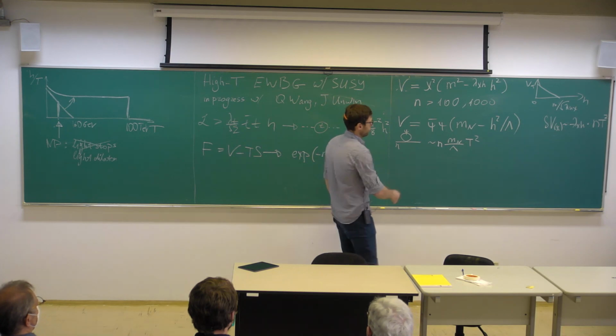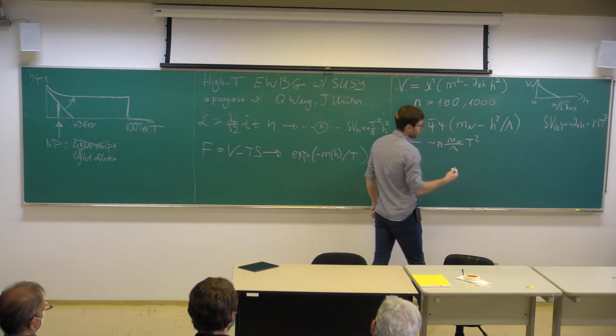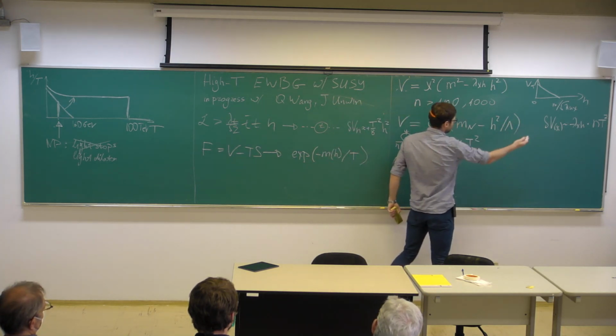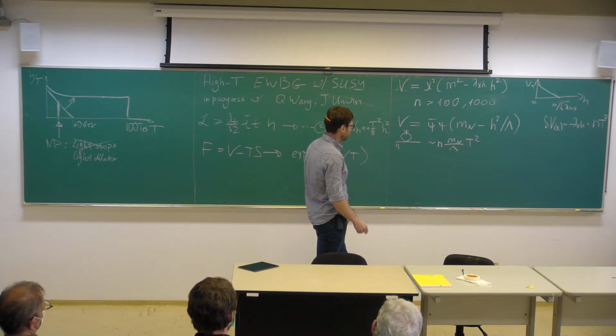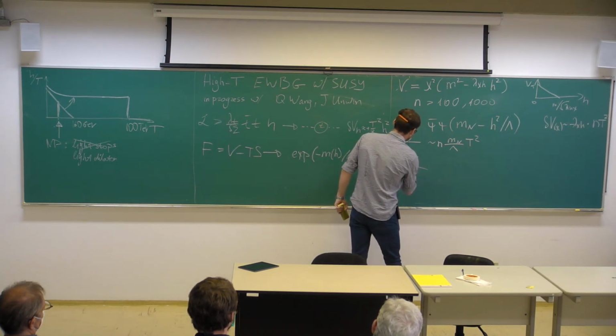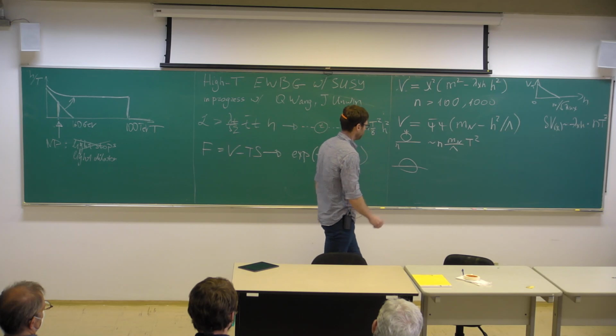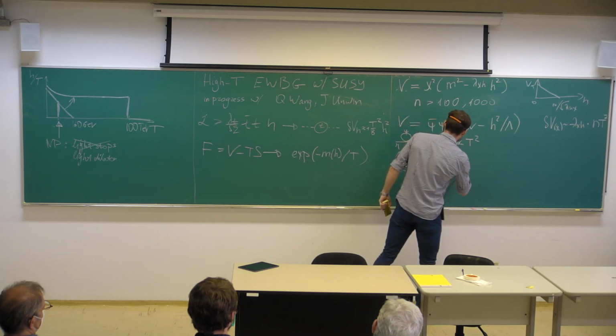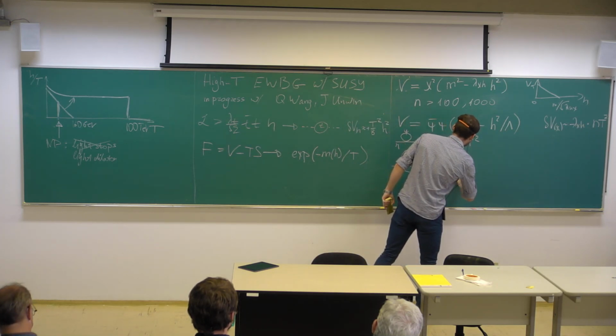But there will be higher loop effects, which will grow with temperature because there is this explicit cutoff present in the theory. There will be a diagram like this, going like nT squared over lambda squared.